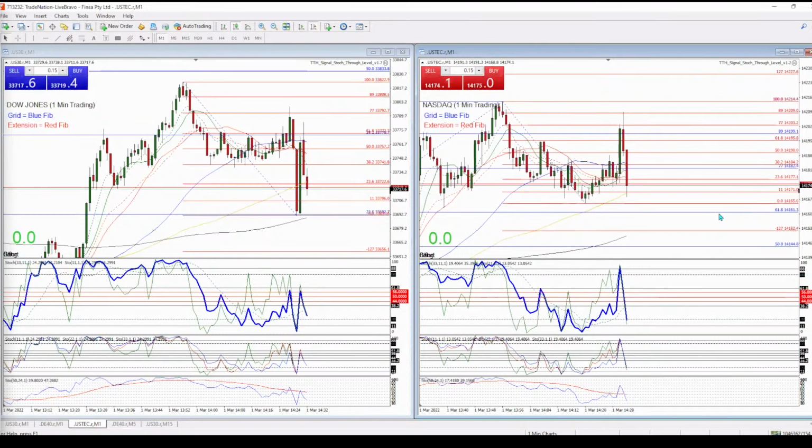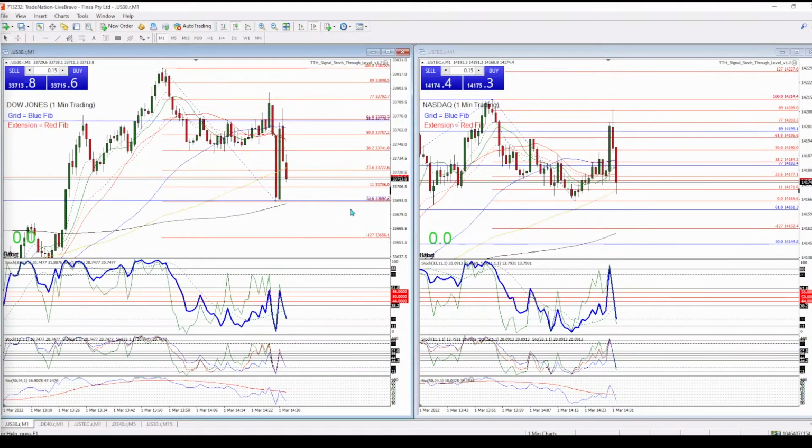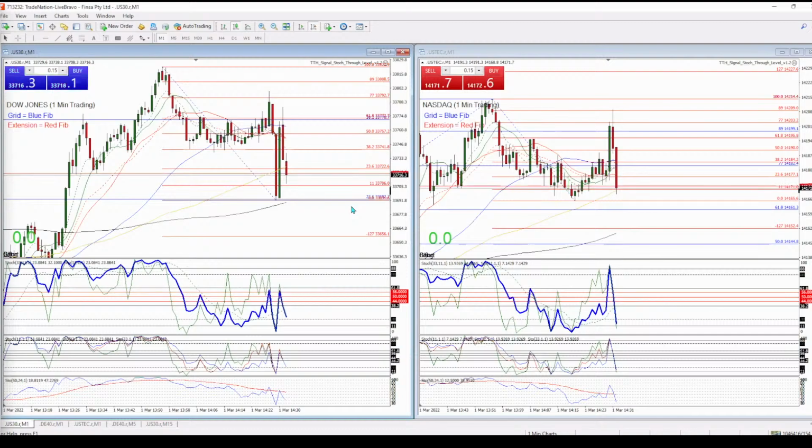Extension fib fail, aim for the 61.8 of the 1 minute grid or the minus 127 of the extension fib. Support 89 moving average, 11 of extension fib. That is on US Tech.